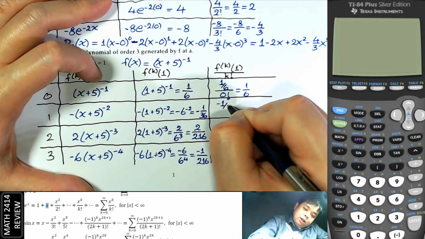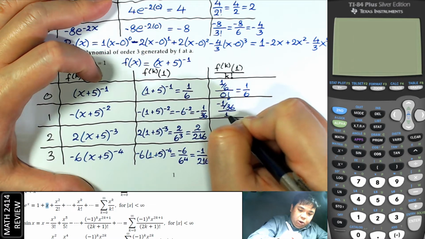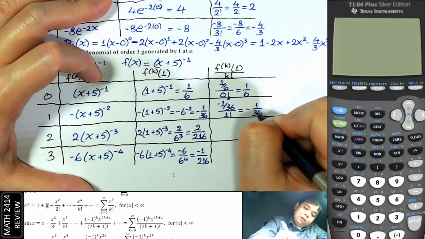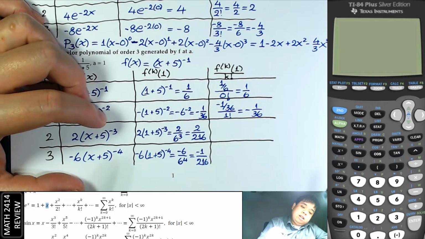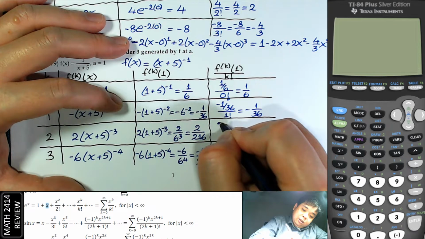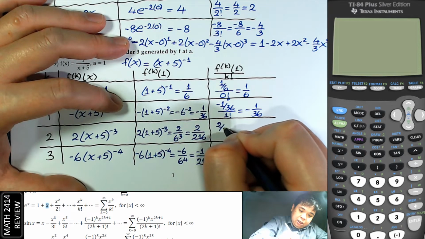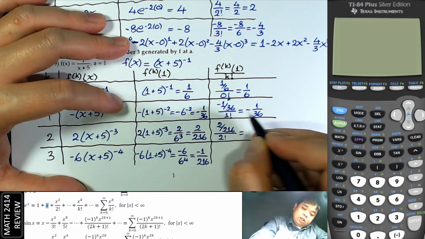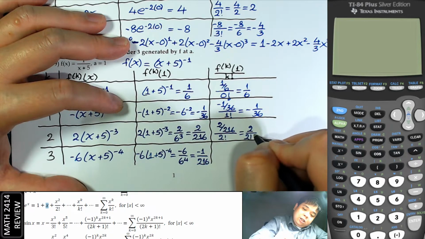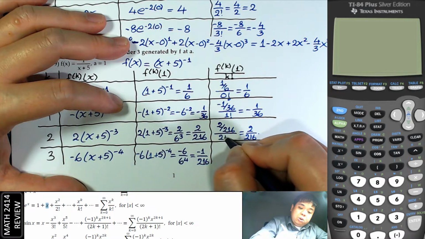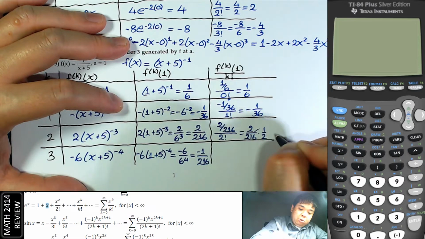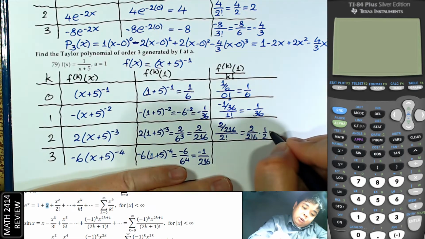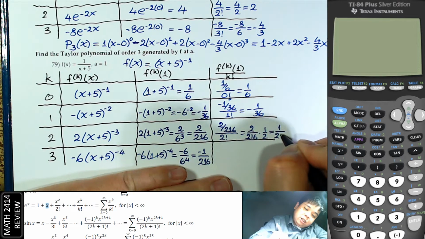Negative 1 over 36 divided by 1 factorial, same thing. 2 over 216, over 2 factorial. 2 factorial is 2, so you have 2 over 216 divided by 2, which is multiplied by 1/2, which cancels out the 2's. We have 1 over 216.